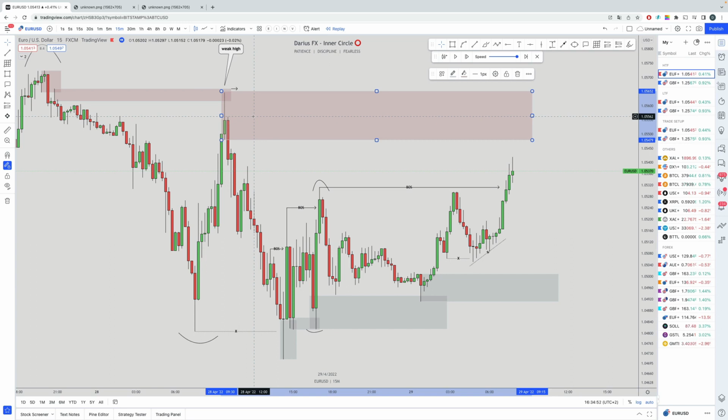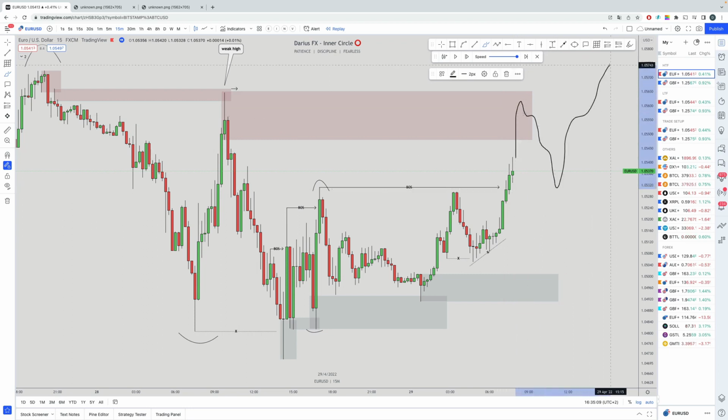Now that doesn't mean that this supply zone will not work out or will not even give you a reaction. For sure, it can do that. But it means that the chance is very high that it will afterwards take it out. So even if you see a reaction, you can still expect this. It doesn't mean you need to go short, because that's exactly what it tried to do.